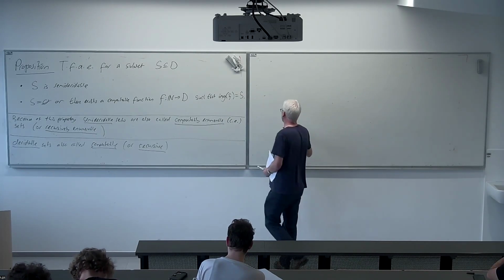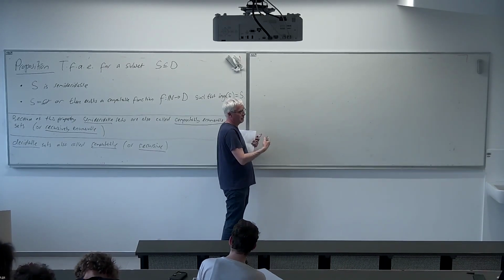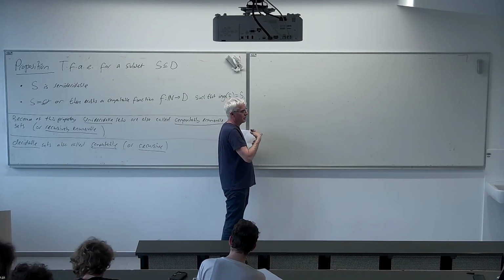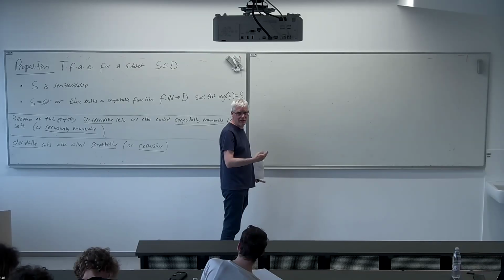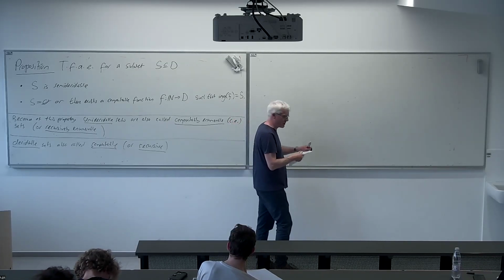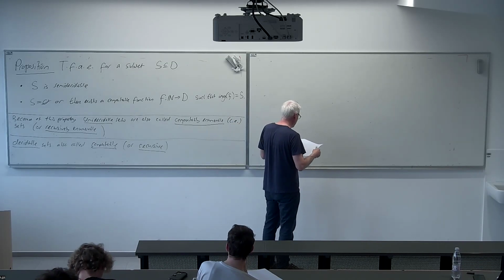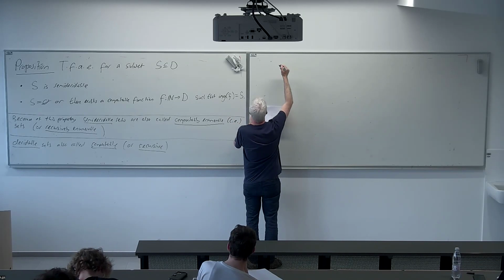We're going to have the notion of a computably axiomatized theory, and you could probably write out a definition just from hearing the words computably axiomatized. And just to make sure we're all on the same page about it.